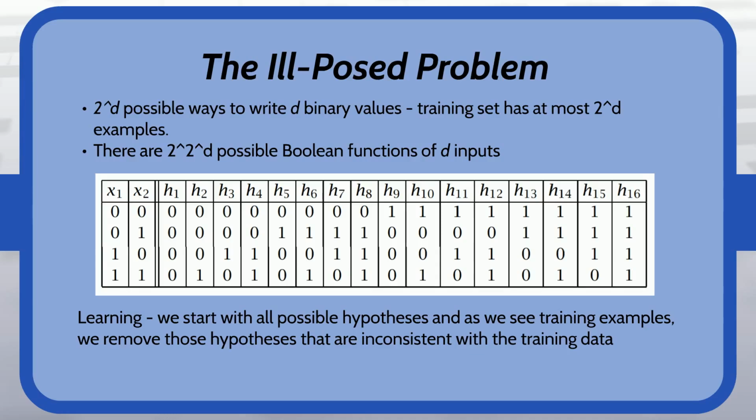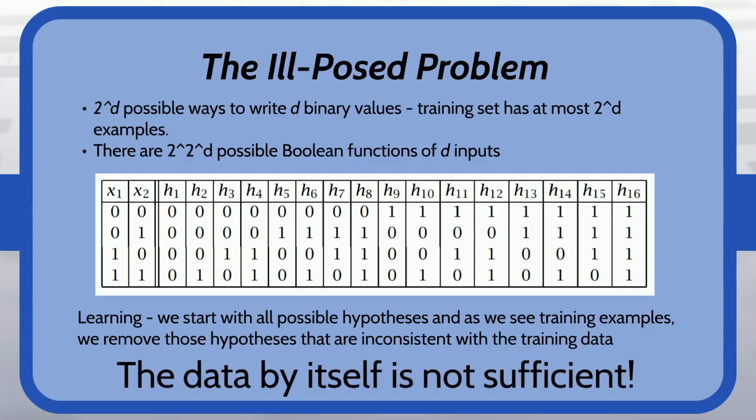If the training set we are given contains only a small subset of all possible instances, as it generally does, that is, if we know the output for only a small percentage of the cases, the solution we find is not going to be unique. So this is actually a problem.